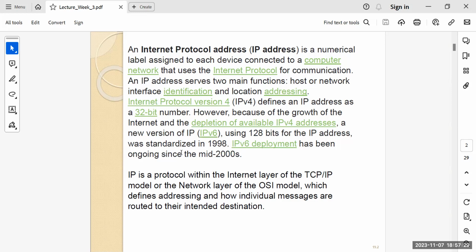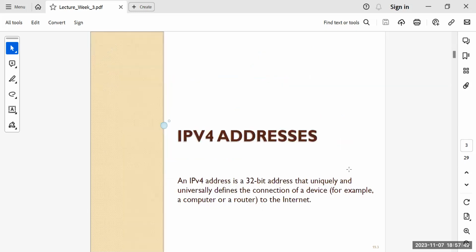IPv6 deployment has been ongoing since the mid-2000s. IP is a protocol within the internet layer of the TCP/IP protocol that you studied last week, which is in the network layer of the OSI model, which defines addressing and how individual messages are routed to their intended destination.